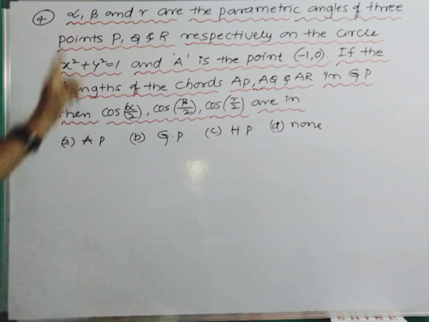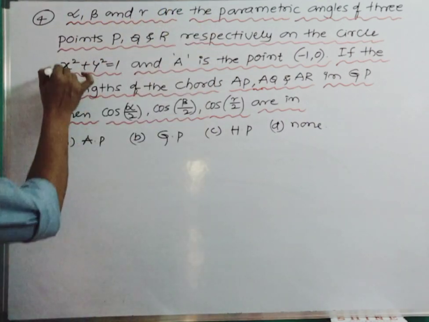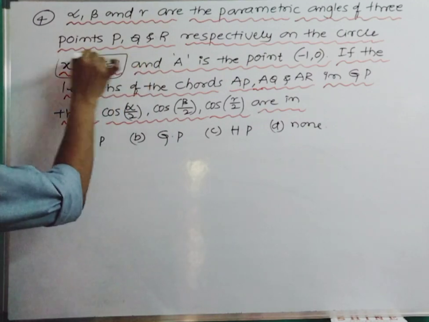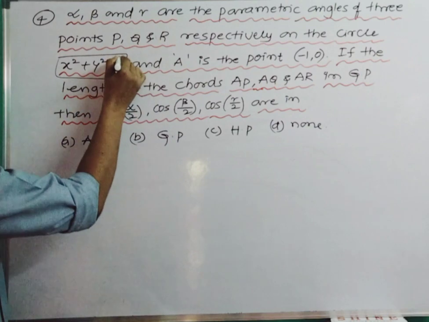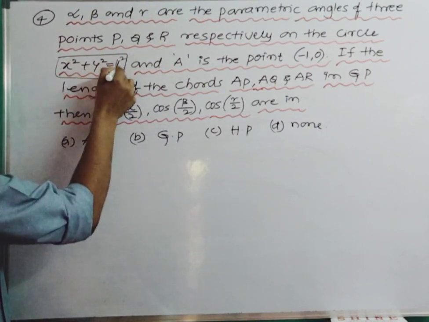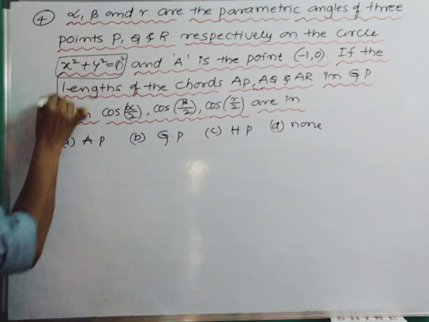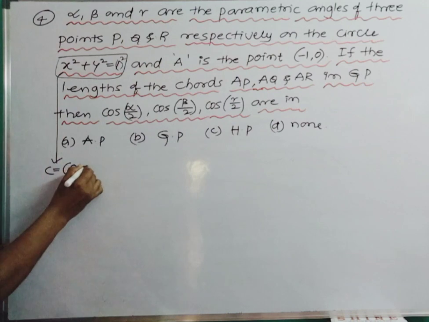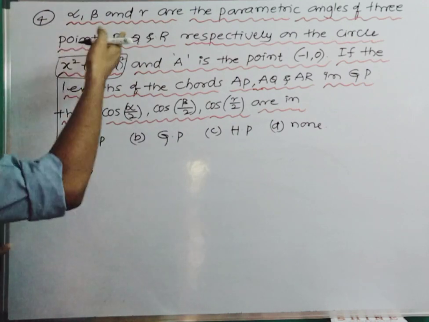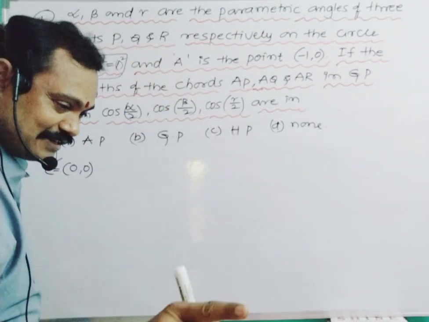Now observe, alpha, beta, gamma are the parametric angles. Actually, what is the circle given first? This is the circle given: x square plus y square equals r square. Suppose this is r square, there is no effect, 1 square is 1 only. So center of the circle is 0 comma 0. x square plus y square equals r square, do you remember?